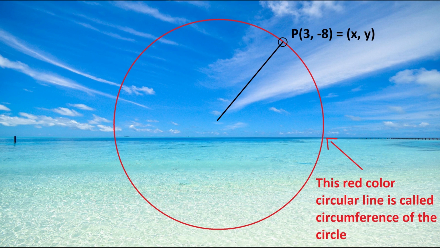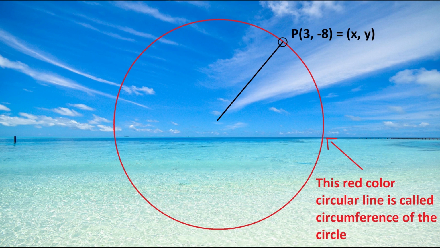Like this point, you can see any point on the circumference, and each point has two values. One value is the value of x and second is the value of y. The value of x is called abscissa and the value of y is called ordinate, and both these two values are known as coordinates.